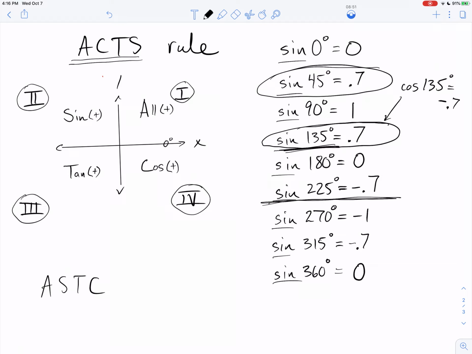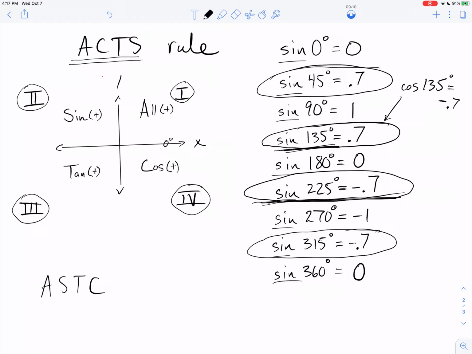So once I get into quadrant 3 here with like this 225-degree angle, before I even punch it in on my calculator, I know that it's going to be a negative answer. Just like a 315-degree angle will be a negative answer.